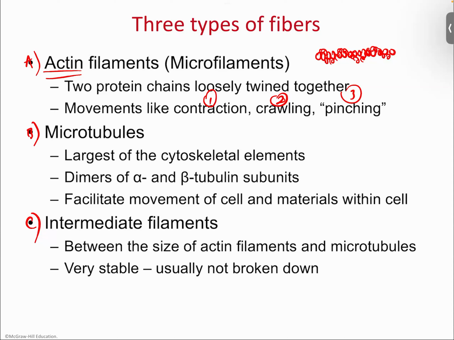You have an alpha tubulin and you have a beta tubulin, and they form what's called a heterodimer. So they form a pair like Batman and Robin. And then the way you build your microtubules is you basically just stack your tubulin dimers like bricks, and you just form what basically becomes a long cylinder.